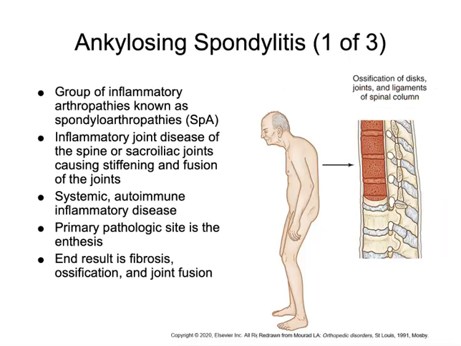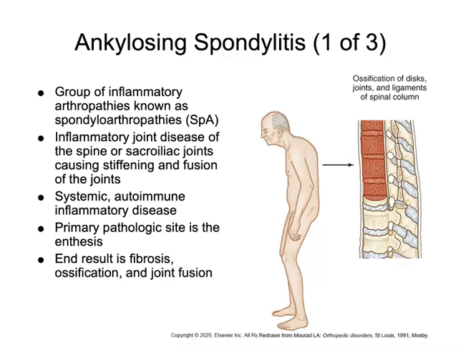Now let's switch topics into ankylosing spondylitis. And this is going to be a group of inflammatory arthropathies known as spondyloarthropathies, which tend to affect the axial skeleton, so mostly the spine and our sacroiliac joint. And it could cause a stiffening or fusion of those joints there.